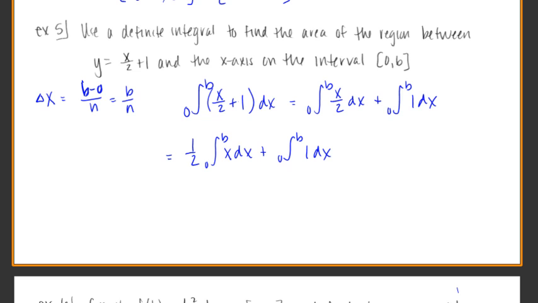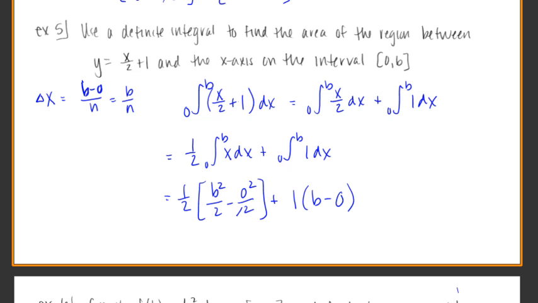Using the properties we just did in the last several examples, the integral from 0 to b, where 0 is definitely smaller than b, is b squared over 2 minus 0 squared over 2. And then the integral from 0 to b of a constant is just your constant times b minus 0.